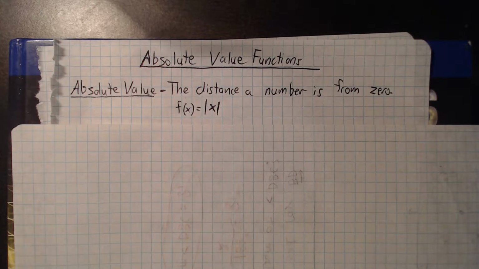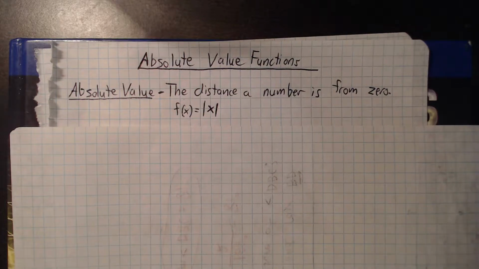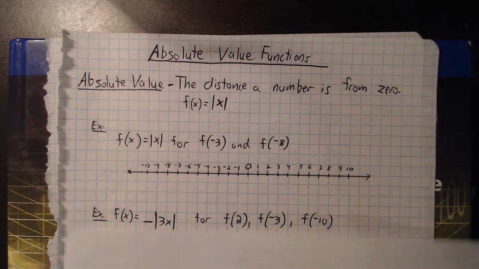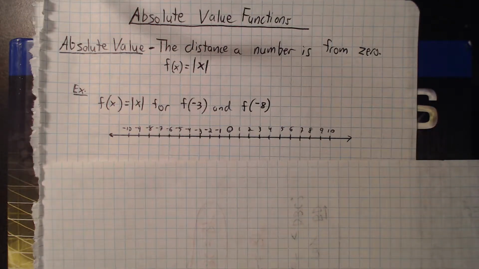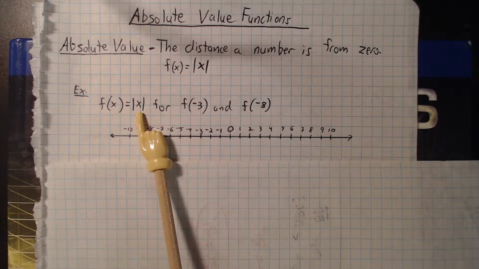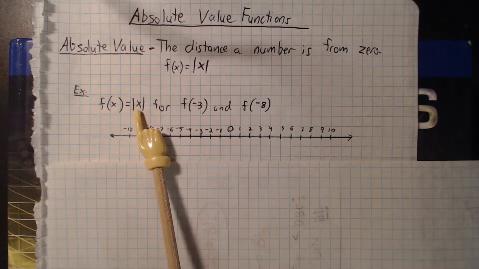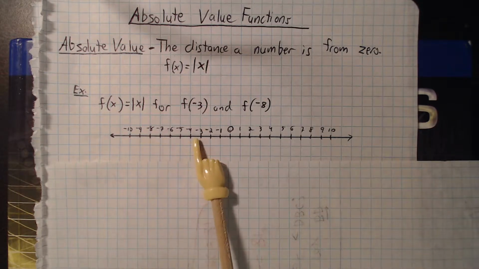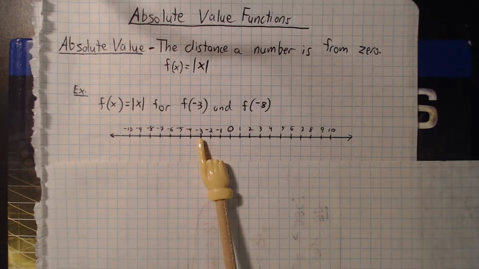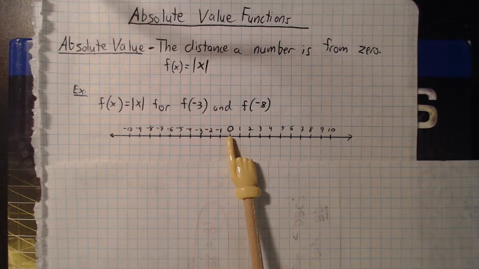Where absolute values really work their magic is with negative numbers. So let's take a look at how they work with, say, a number line. For example, if we want to evaluate f at -3, where we're doing the absolute value of -3, on a number line, -3 is 3 units away from 0.